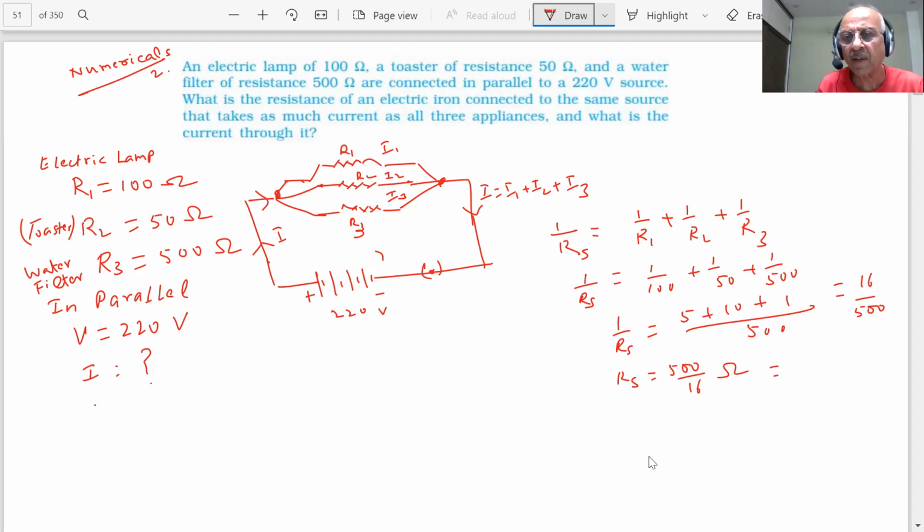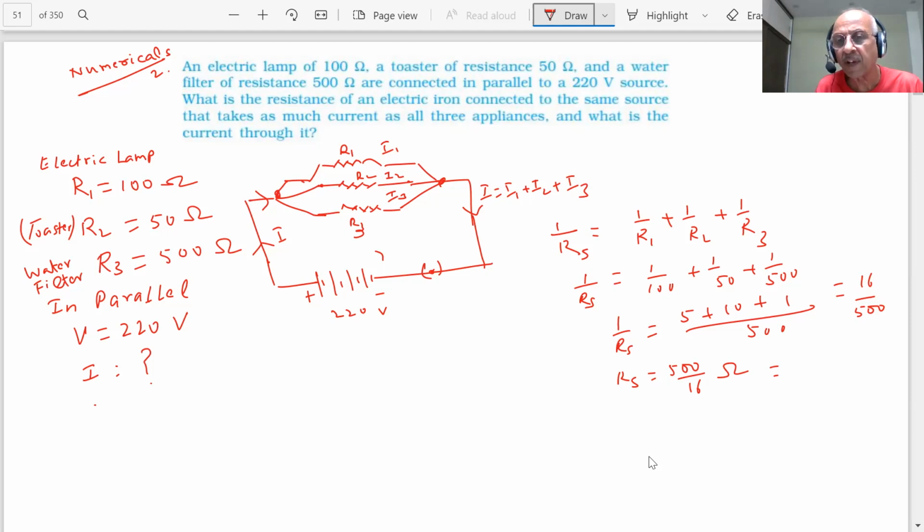How much is this coming? So 3.125 ohms. 3 or something more than that. So 3.125. This is 500 by 16.